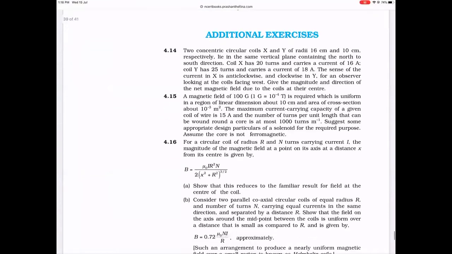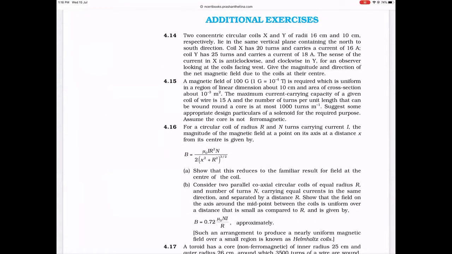Please work out 4.14. We are going to work on first 4.14, 15, 16. I'm waiting for you.